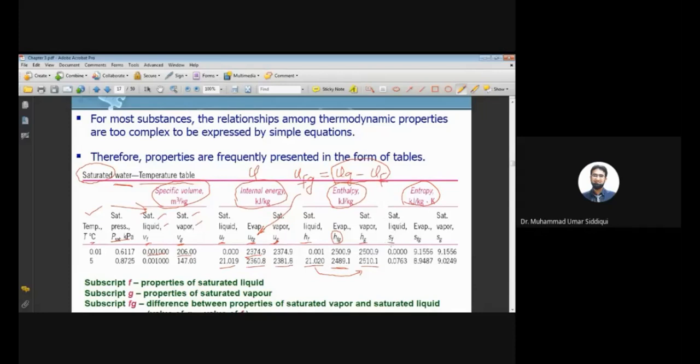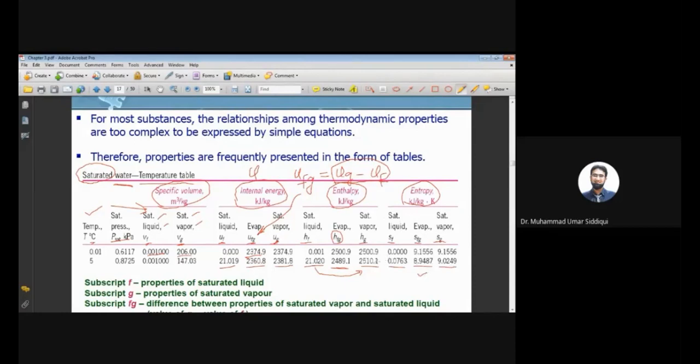Entropy's symbol is S. SF is the entropy for saturated liquid. Then SG is the entropy for saturated vapor, and SFG is what? SG minus SF. That's it. So if you subtract 0.0763 from 9.0249, you're going to get 8.9487.